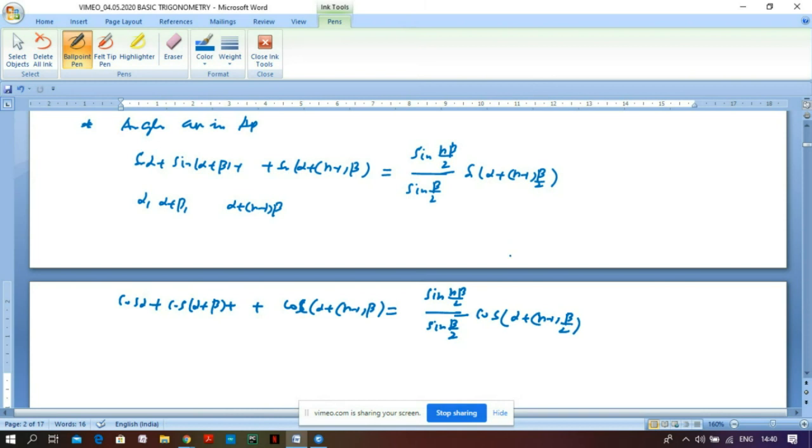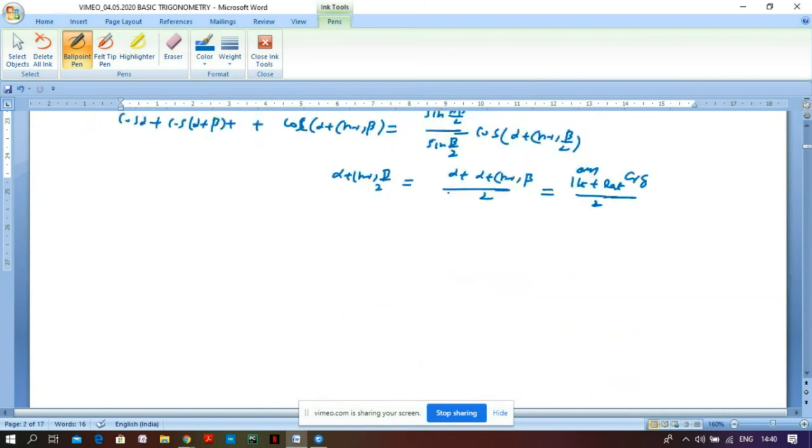This term, alpha plus n minus 1 beta over 2, you can also interpret as first argument plus last argument over 2, like an AP. And the proof, of course, will come by multiplying by sine beta by 2 each of the terms, and then the telescopic series, and you will get this result.